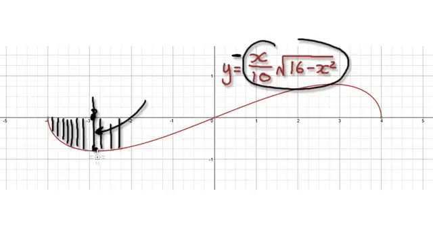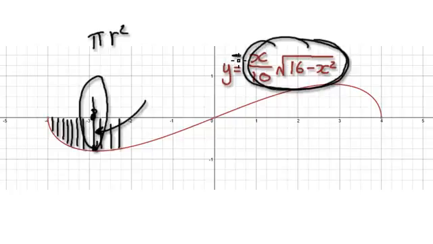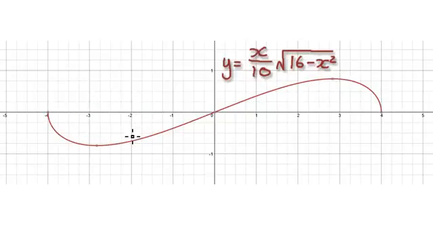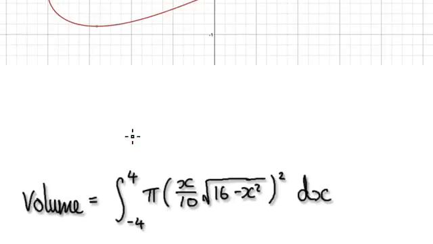But when you come to find the area of the circle, it will be pi r squared. The radius is already negative, but when you square it, it will give you a positive area of the circle.